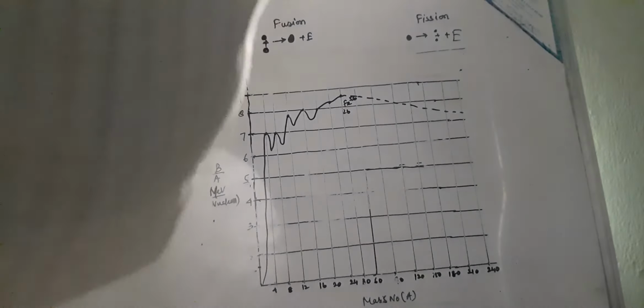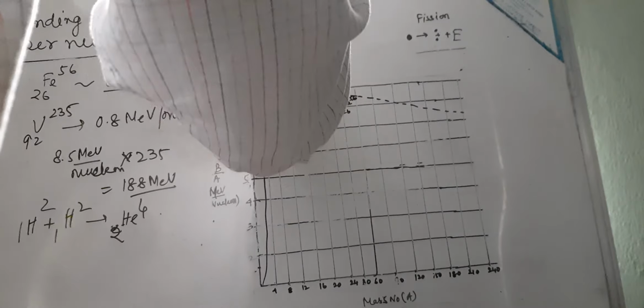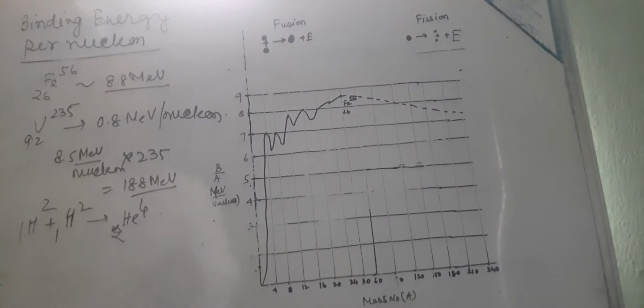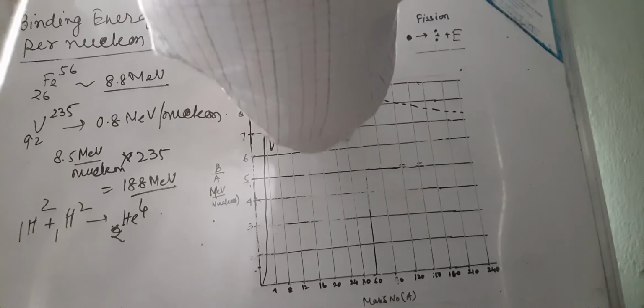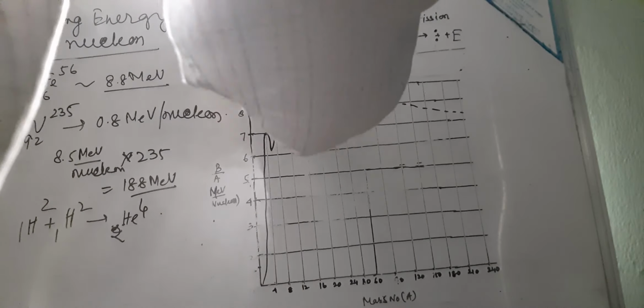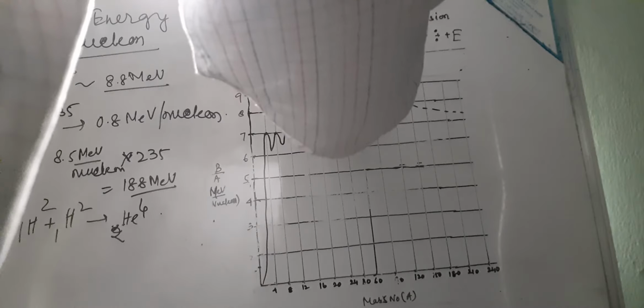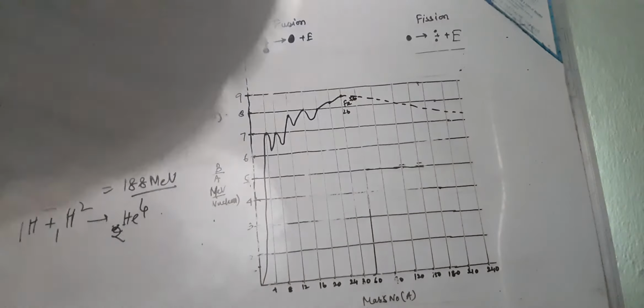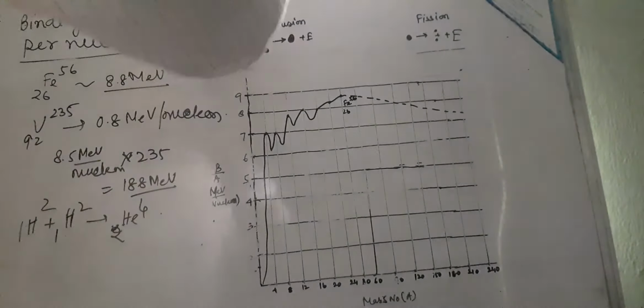When two lighter nuclei come close to each other under suitable temperature and pressure, they get fused and form a single nucleus, and during that time it produces a large amount of energy. This is the fusion reaction, which happens inside the star or the sun, known as the thermonuclear reaction. There it also releases 23 MeV.